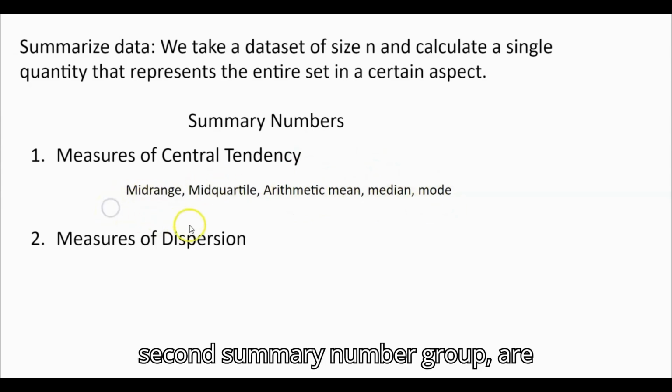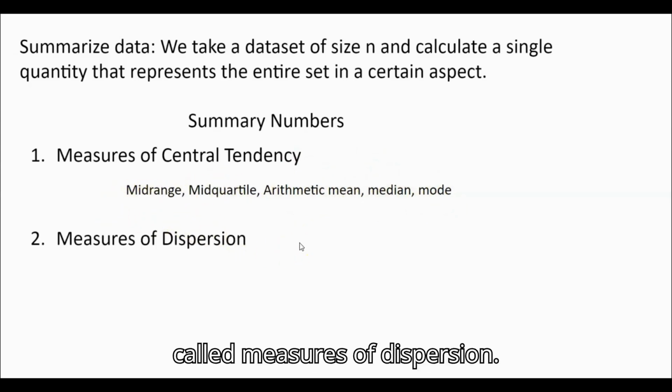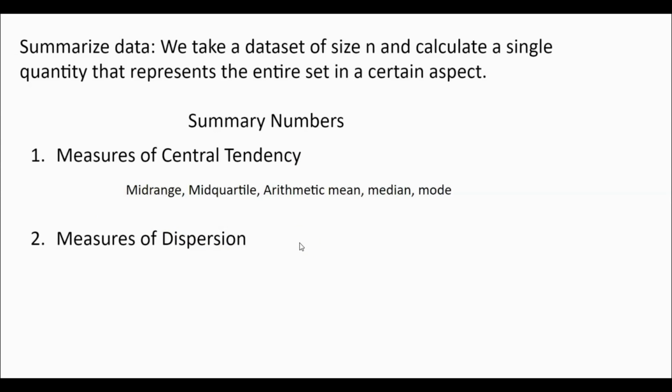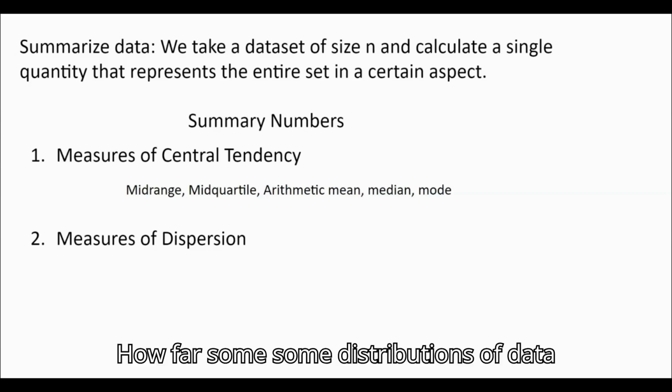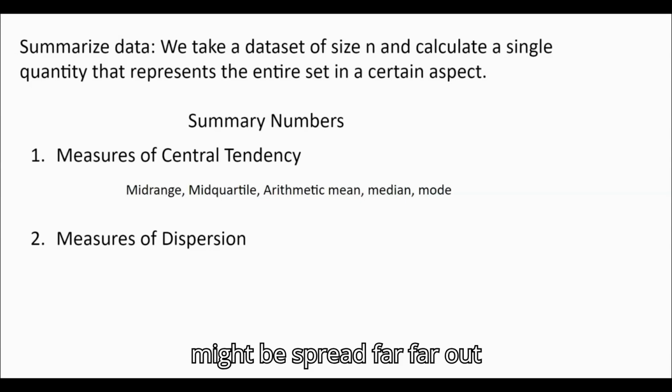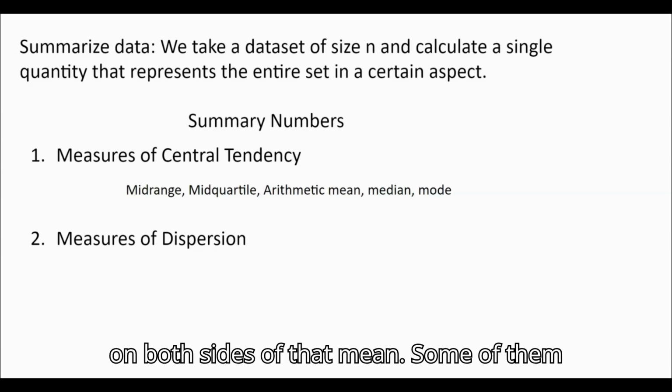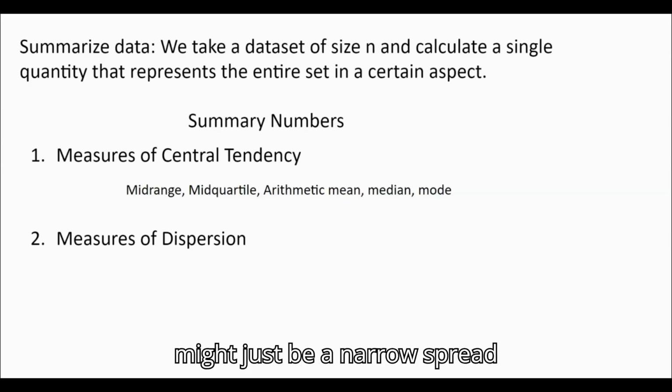Now, the second summary number group are called measures of dispersion. We try to calculate a single number to represent the spread of that data around its mean. How far some distributions of data might be spread far out on both sides of that mean. Some of them might just be a narrow spread around the mean.